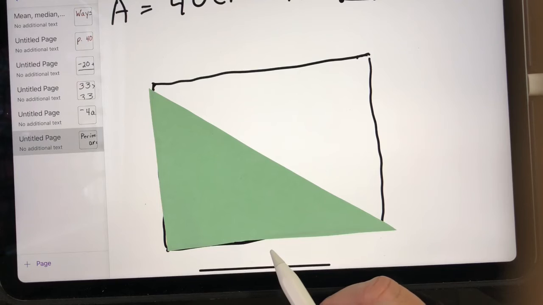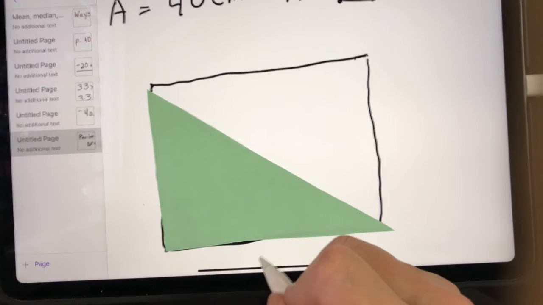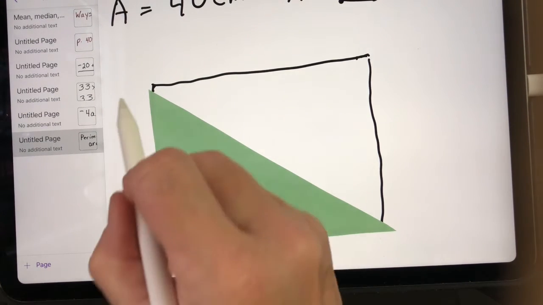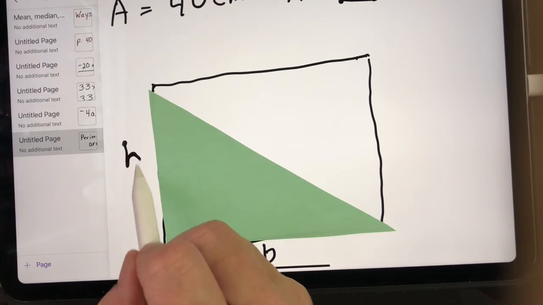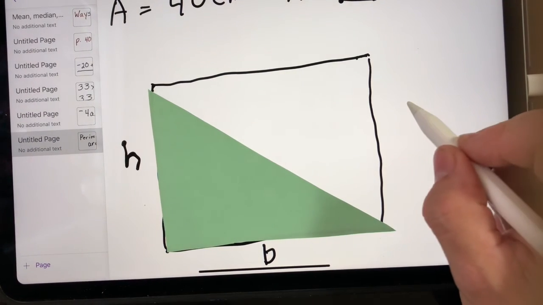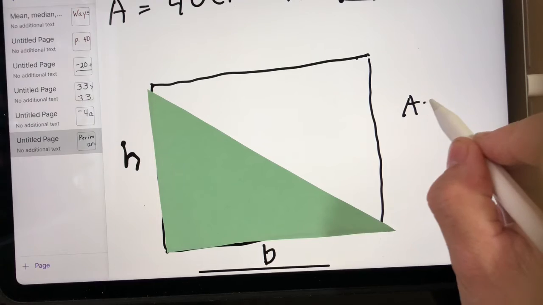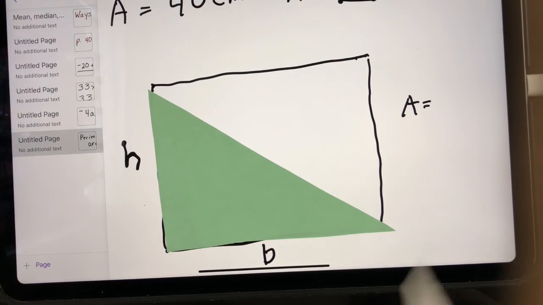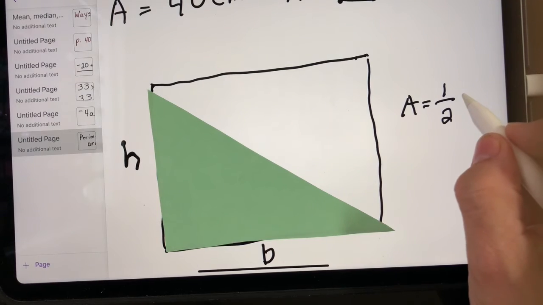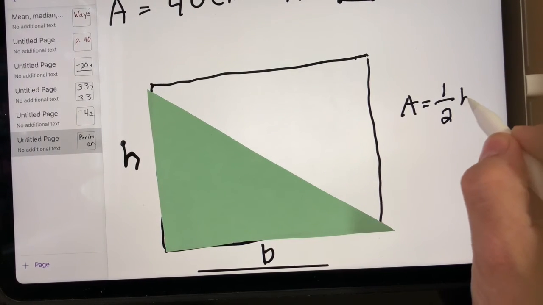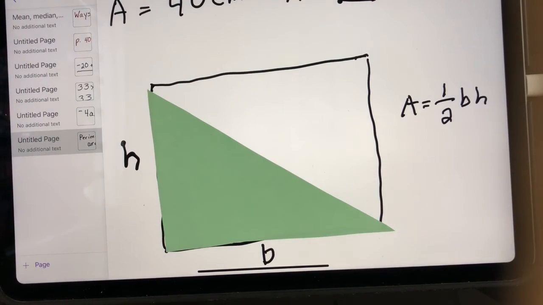What do we call that? That's the base, right? This bottom edge right here. This is the base. What was this side part here? This was the height. Now, we already said that the area of a triangle is going to be half as much as the area of the rectangle. The area of the rectangle, half of that, 1/2 base times height. We can write it that way.